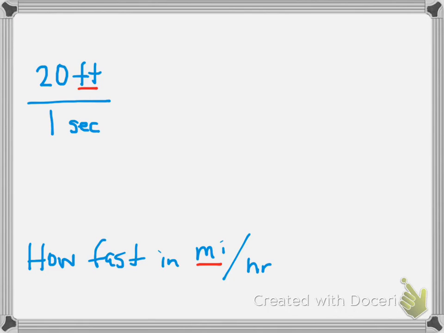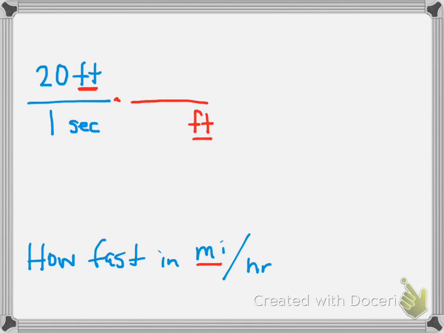So I need to multiply. Oops, let me get a multiply here. I need to multiply by something that allows me to cancel the feet. Well, I know if I put the feet opposite of where they are to begin with, it's in the numerator here, I'm going to write it in the denominator. That allows me to cancel them out.